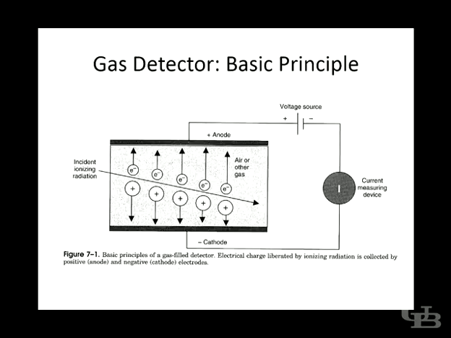For the simple instrument, you can just observe the needle if there's an electric current. So that's the basic principle. Ionization creates charges. The electric field collects charges, and collected charges create electric current, which drives your needle or some indicator.